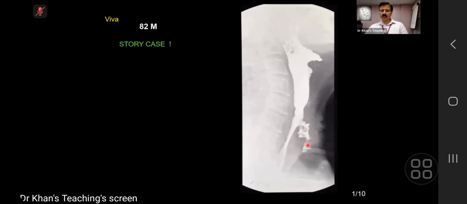No, but this aspiration is not going anywhere into, let's say, the tracheobronchial tree. Actually, I have not shown you the AP. It is going out. It is going into the skin, actually. Do you see any story written here? It's a post-surgical case. What kind of surgery has been done?